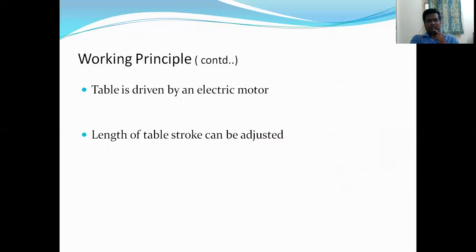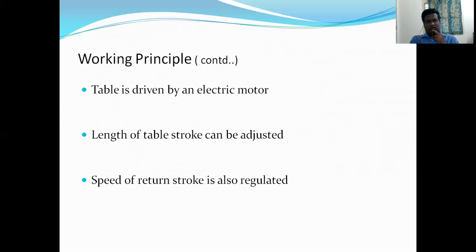And here the table is driven by an electric motor, whereas in a shaper the cutting tool is moved by an electric motor. Here also the table is driven by an electric motor. And here the length of the table stroke can be adjusted. The length of stroke means we have to cover where the actual work has to be done on the workpiece.